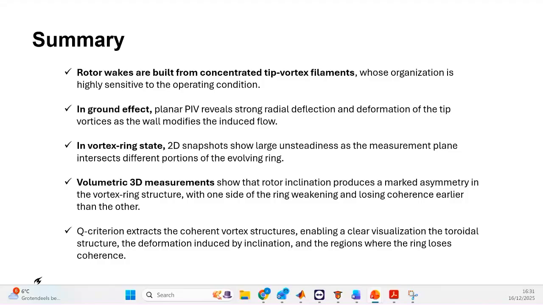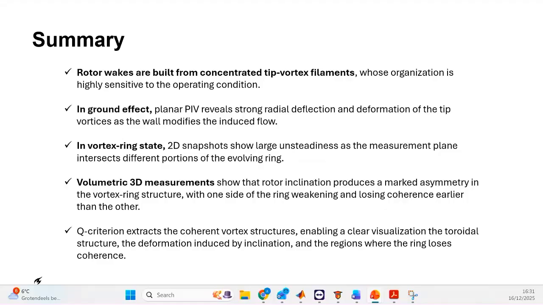Then we studied the ground effect in the planar case, which reveals a strong radial deflection of the vortices and how they modify the induced velocity of the rotor. Also for the coaxial configuration, we have the blade vortex interaction, which intensifies the local vorticity and also increases the unsteadiness of the flow.